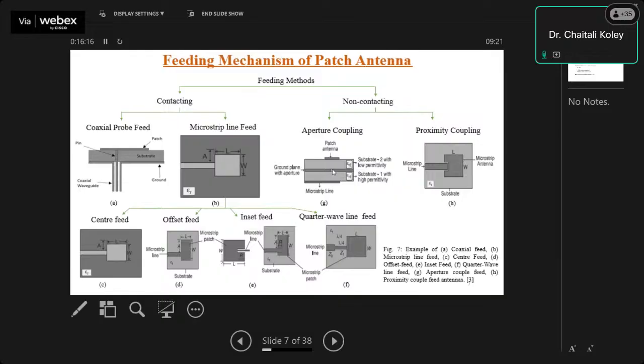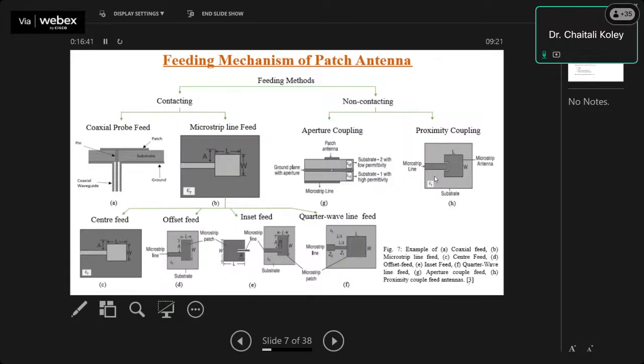By means of that small slot, the electromagnetic wave is launched into the patch antenna. That's why it is known as aperture coupling. Whereas in proximity coupling, there is a gap between the microstrip line and the patch. This is one example of a non-contacting feeding mechanism.